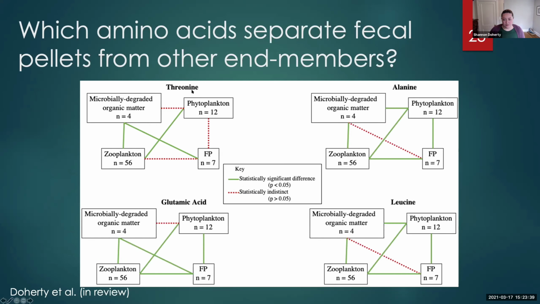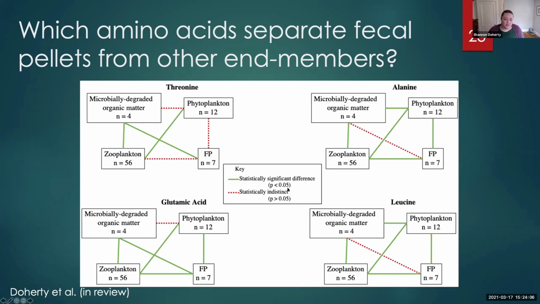So there were 4 amino acids that were the most successful at separating these end members. On the left-hand side, we have threonine and glutamic acid. These were the only 2 that were successful in separating microbially degraded organic matter from fecal pellets. And on the right-hand side, we have alanine and leucine, which were the only 2 that were successful at separating microbially degraded organic matter from phytoplankton.